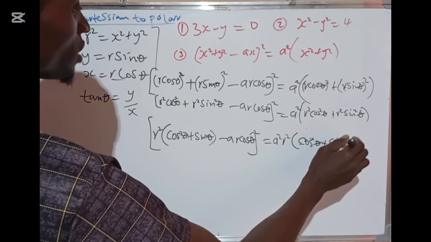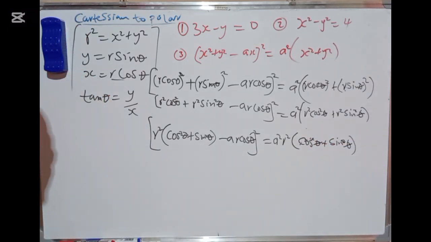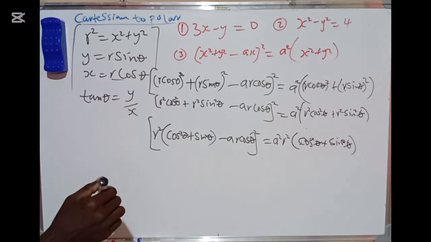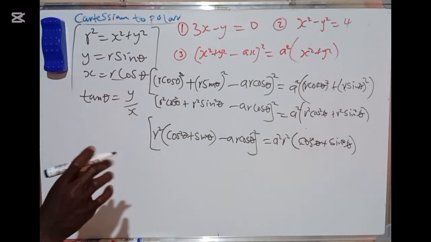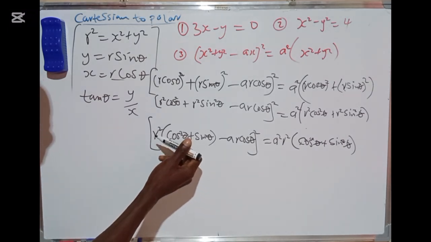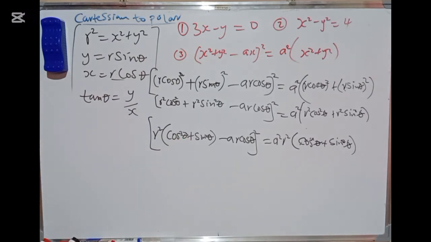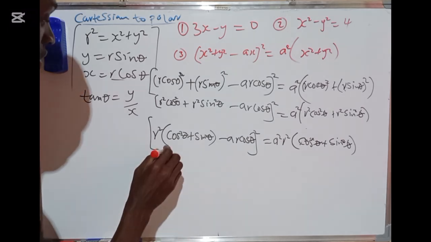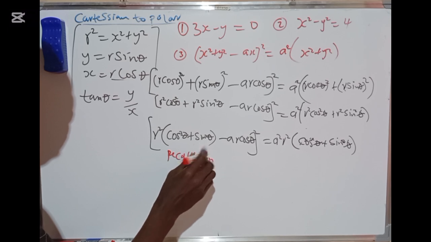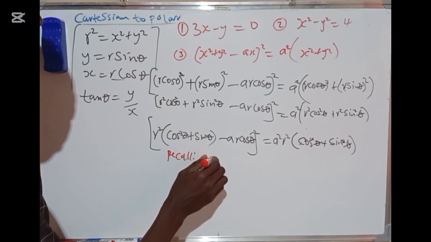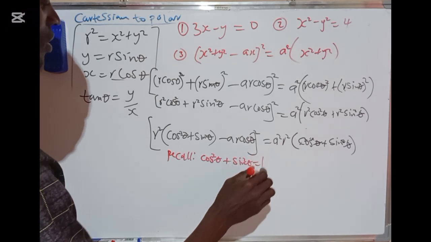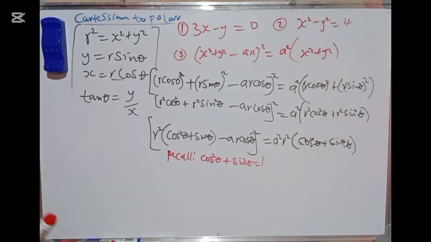When we factor r square outside, then r is not there anymore, but it's cos square theta plus sine square theta, right? So now, as the problem is getting a bit simplified, we see that we have the identity that equals 1. Recall that cos square theta plus sine square theta is equal to 1.